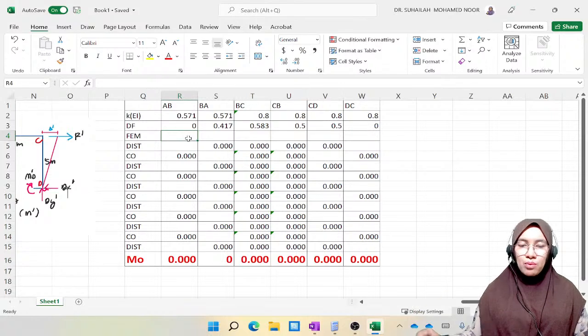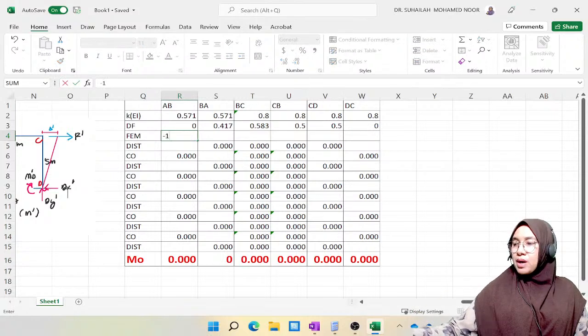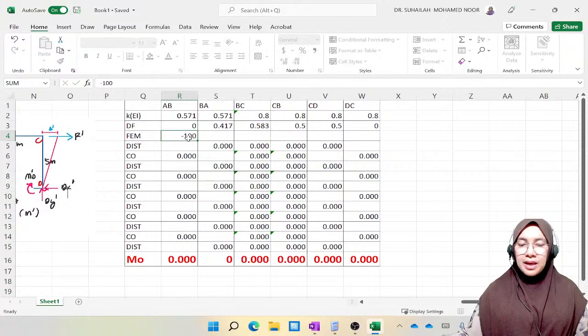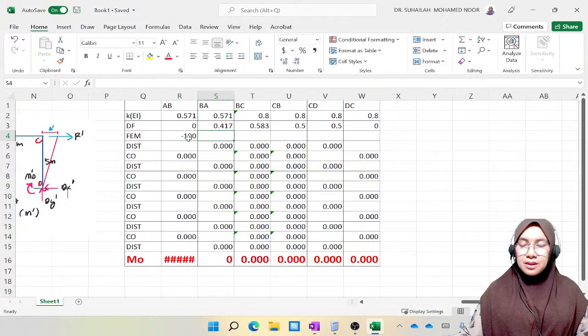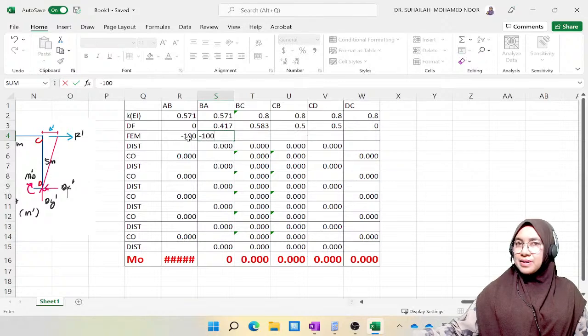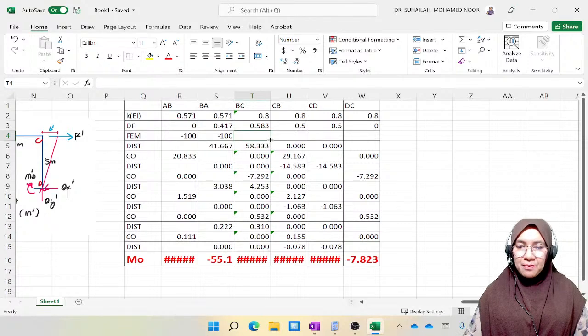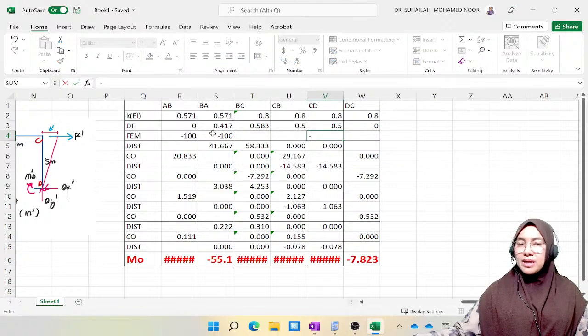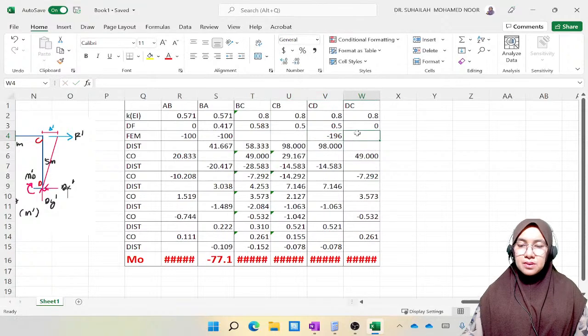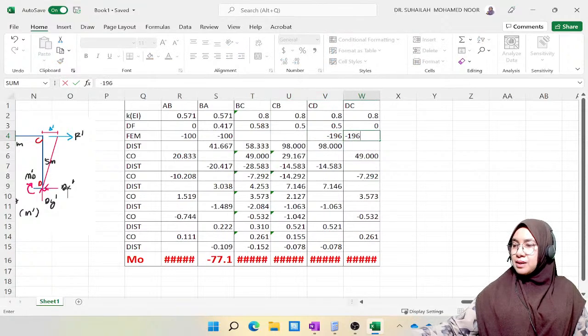So we put negative 100 and negative 100. We don't have FEM for BC, so we move to CD, which is negative 196, negative 196.